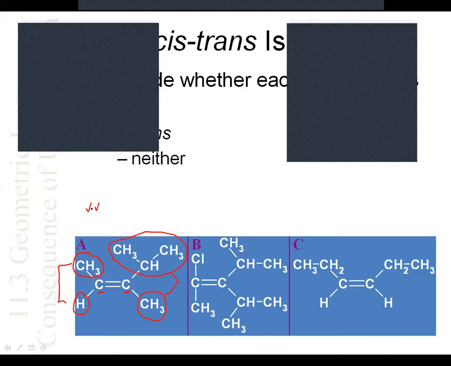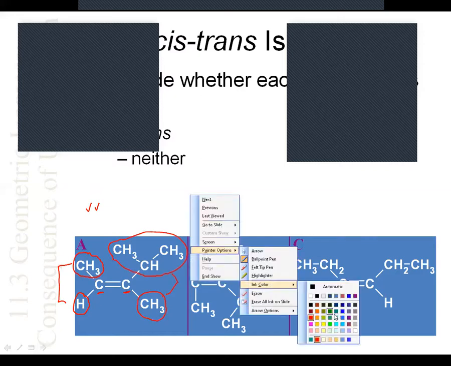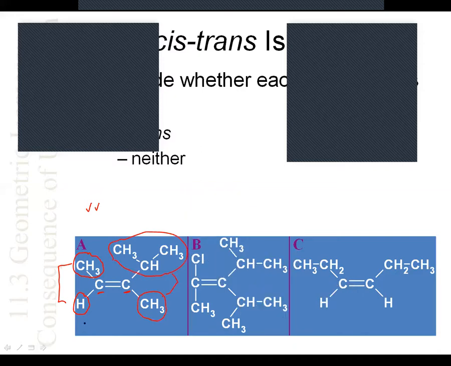The second important thing is now when you look at each of the carbons that are there, is there a group that is the same on opposite carbons? So hopefully you should be able to recognize that on the one on the left, we have a CH3 group. And the one on the right, we have a CH3 group. So that also allows us to meet the minimum qualifications for a cis or trans isomer to occur. So this is a cis or trans.